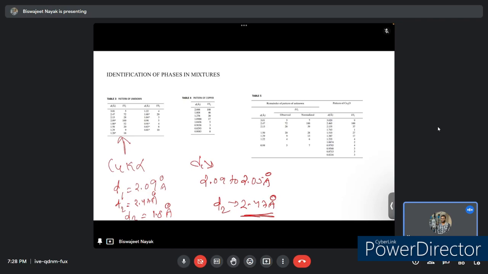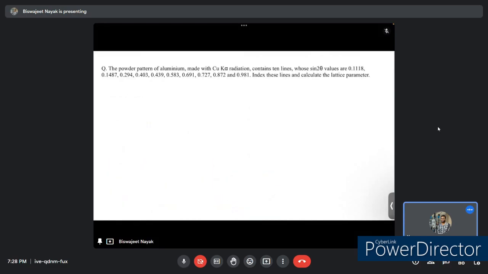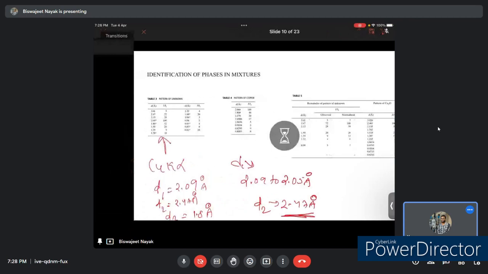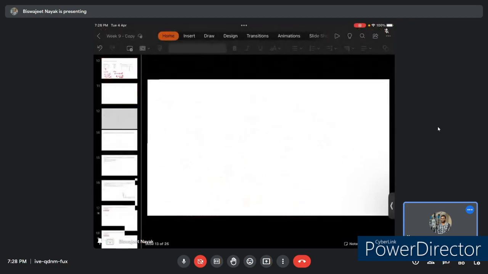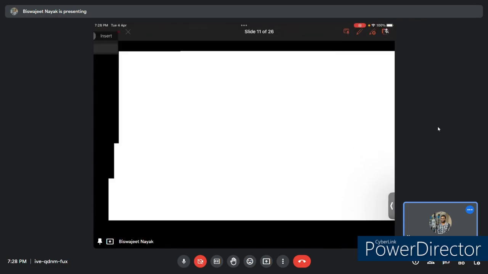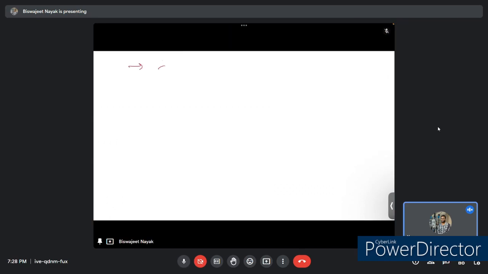Examination of the numerical index in the D1 group, which varies from 2.09 to 2.05 angstrom, reveals several substances having D2 values near 2.47 angstrom, but in no case do the three strongest lines taken together agree with those of the unknown.